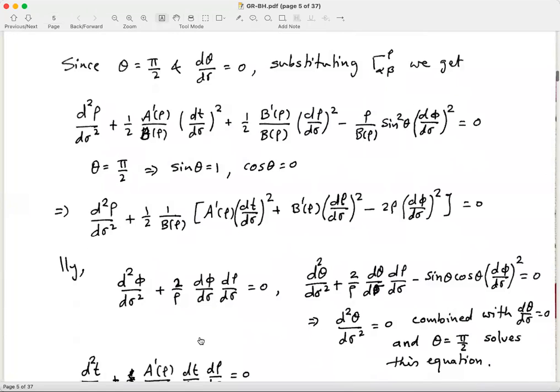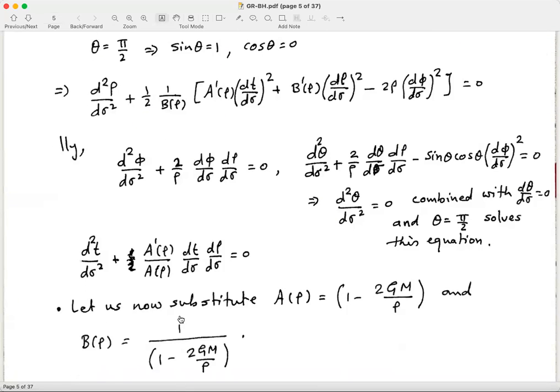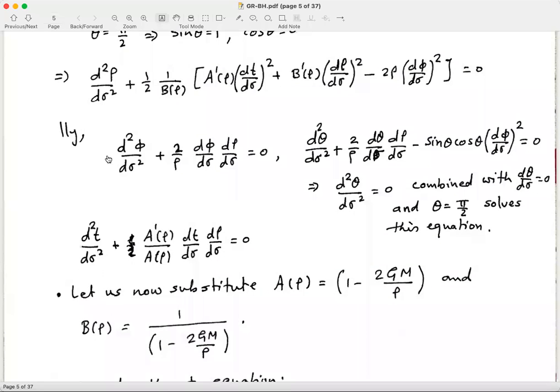The phi and t equations are even simpler, and one could show that these equations can be simplified, which we'll do in a moment, by multiplying d sigma by dt to this equation and d sigma by d phi to this equation.